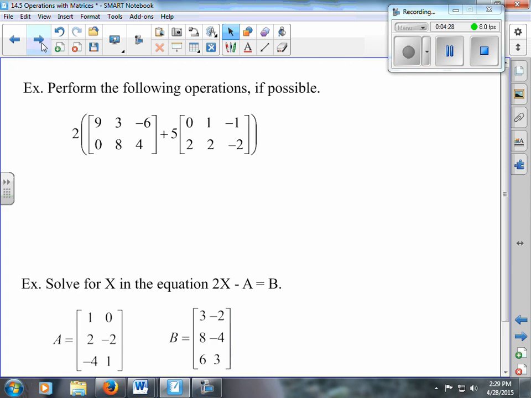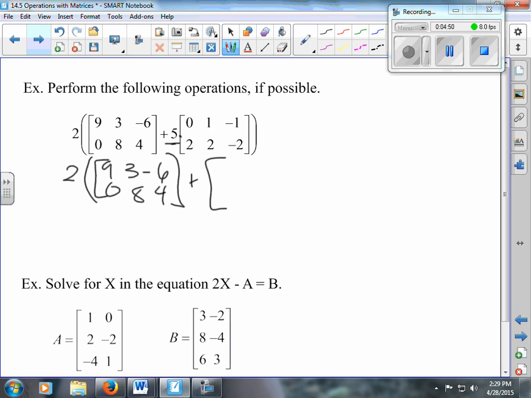Okay, so now that you can, here are more operations. And so how do I do this? And this is just written out without the names. So I'm going to follow order of operations. And so inside the parentheses, I'm going to do that first. And so I need to do the multiply inside the parentheses first. So nothing is changing here. And now I'm going to multiply that 5 in.